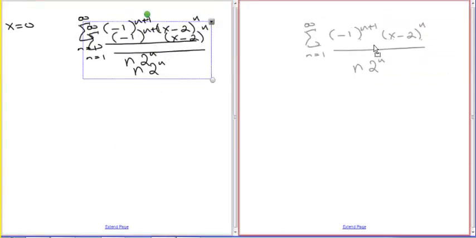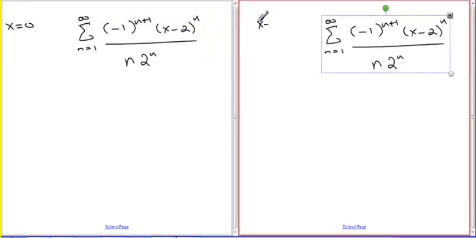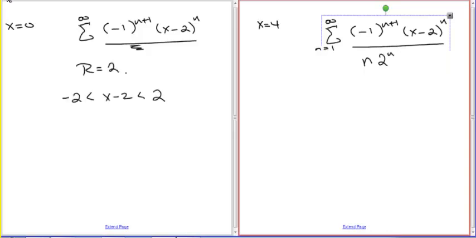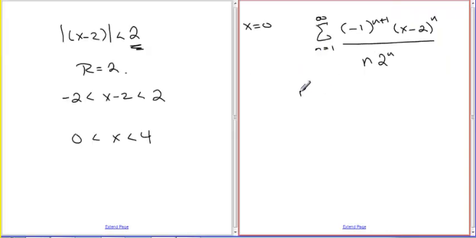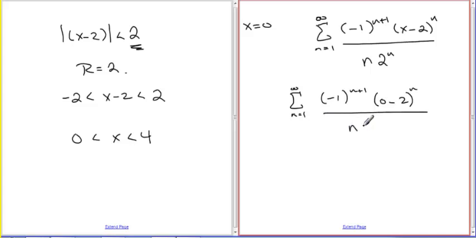And we should be getting kind of used to this by now. So I'll get -1 to the n plus 1 times 0 minus 2 to the n divided by n 2 to the n. Okay, so this -2 we can break up into a negative part, -1 to the n, and 2 to the n. And then you divide by that.